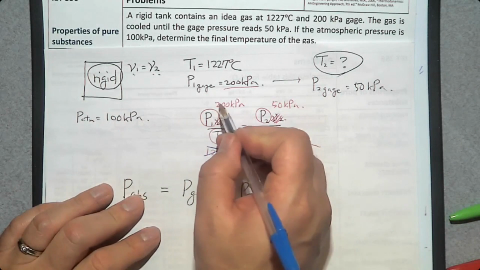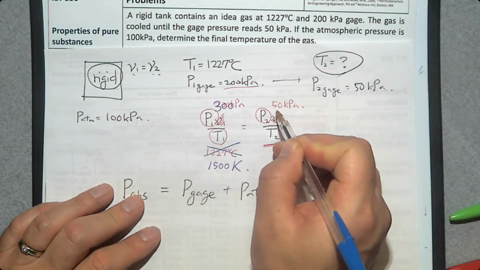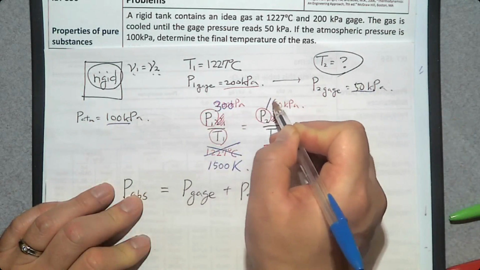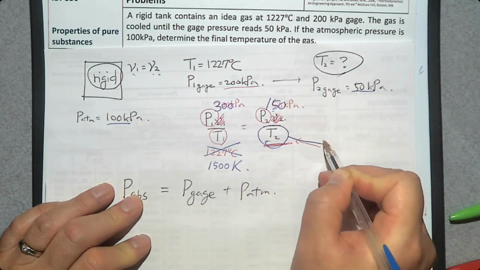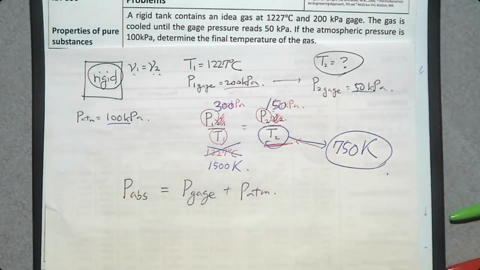So this is not 200, this is 300. The final pressure is not 50, it's 50 plus 100, 150. So if you solve it, T2 is 750 Kelvin. So this problem gives you the idea what pressure you have to use and what temperature unit you have to use.